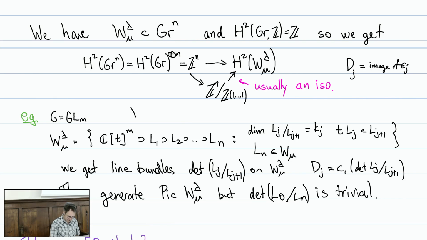This lambda underline is a sequence of fundamental weights of GL_m or SL_m, and every fundamental weight is like omega k, where k is between 1 and m. So I can write this lambda underline as omega k1 up to omega kn.